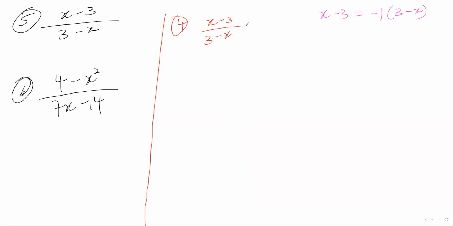Yes, we can rewrite it as such. Therefore, I can write my numerator or denominator, any of them you want, in this form. So I can write my numerator as -1, 3 minus x, divided by 3 minus x. Okay, so 3 minus x cancels out and I'll be left with -1. That's question number 5.